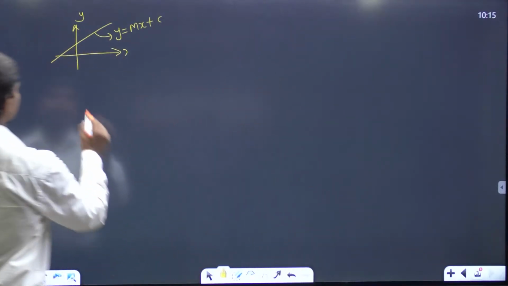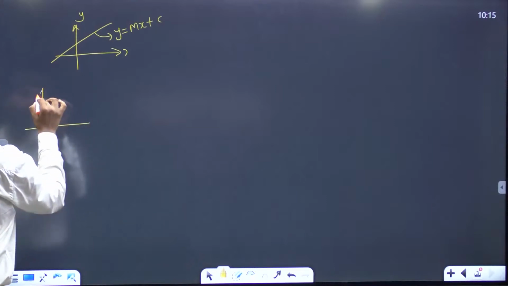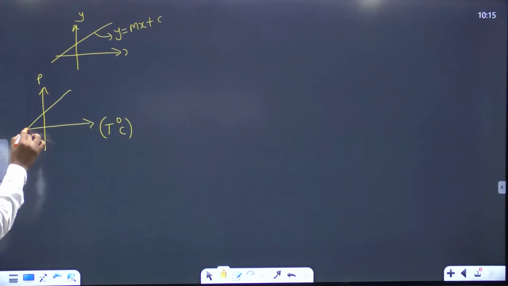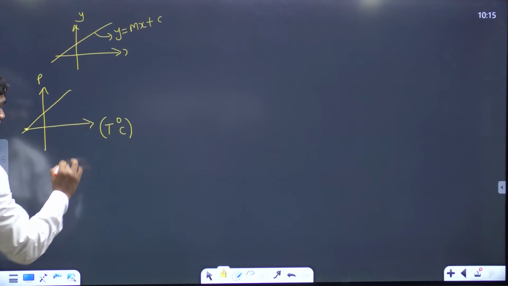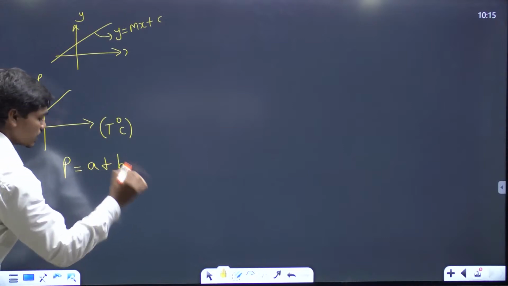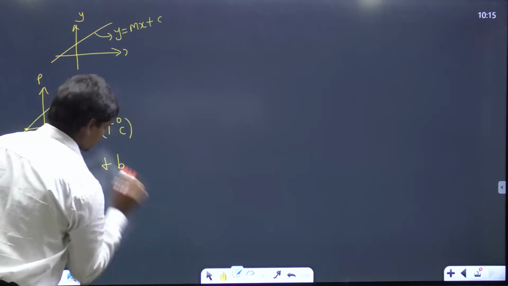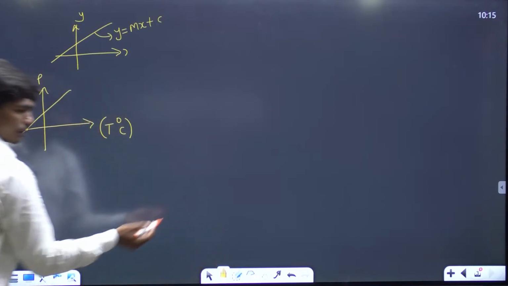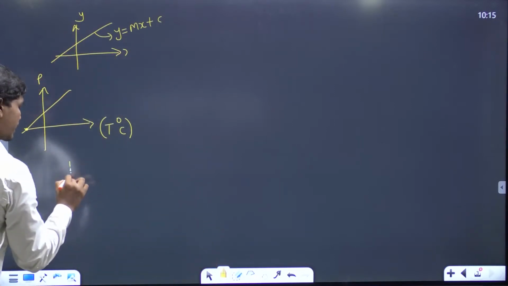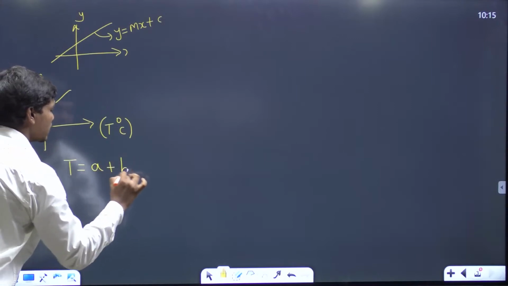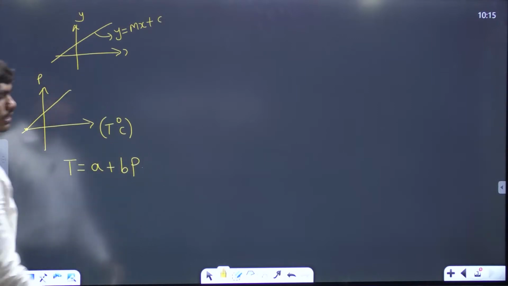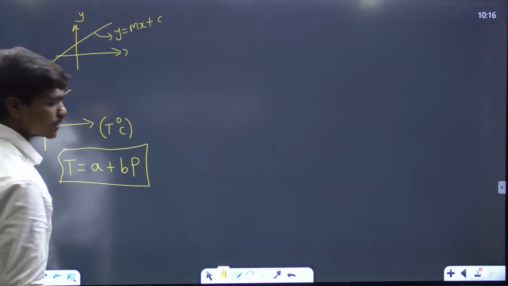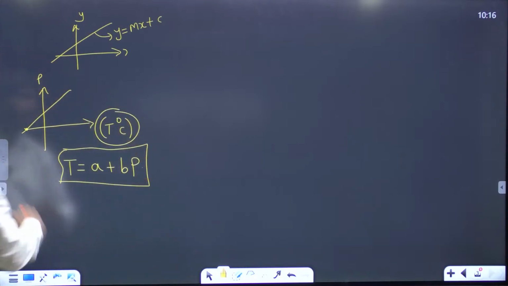So if this is pressure and this is temperature in degrees centigrade, you got a line like this for the pressure versus temperature plot, which means you can write pressure is equal to some constant plus B into T. Or else, if y is equal to mx plus c, then x can also be written in terms of y, and they gave an expression like T is equal to A plus B into P. Means they gave the relation that temperature and pressure are linearly related to each other by conducting experiments. Okay, and this happened when they dealt with this in degrees Celsius.